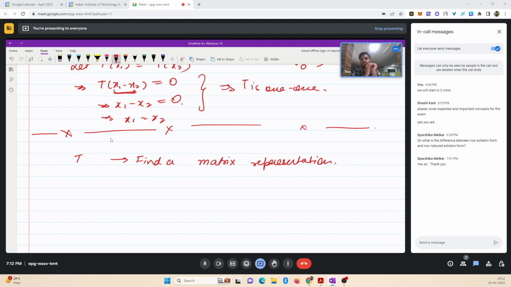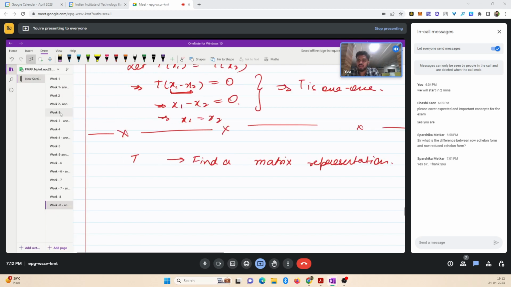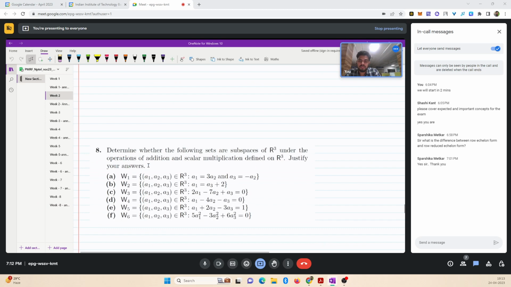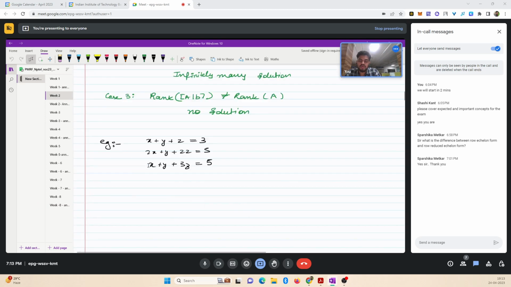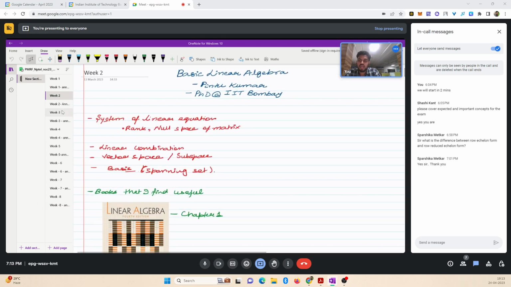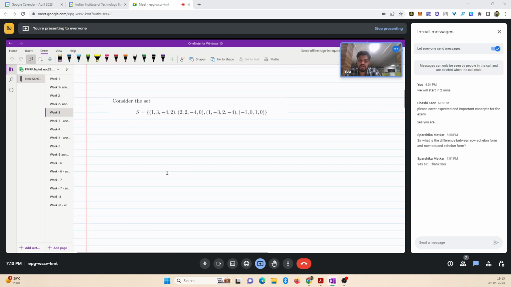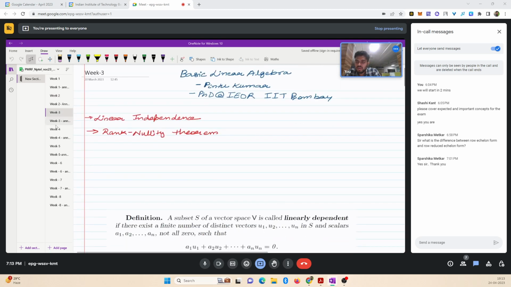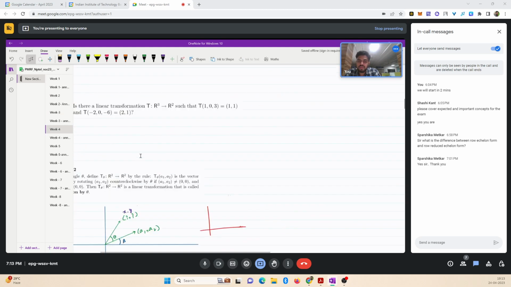So for example, I'll solve a very simple example, the example that we saw. I'll try to solve that only.